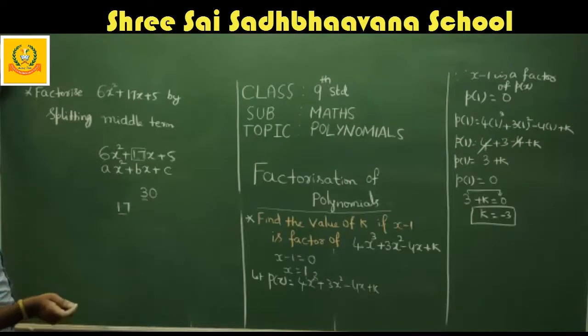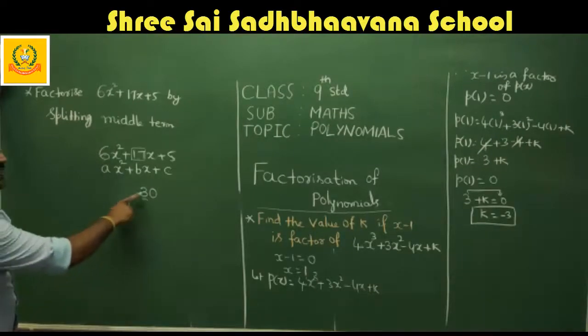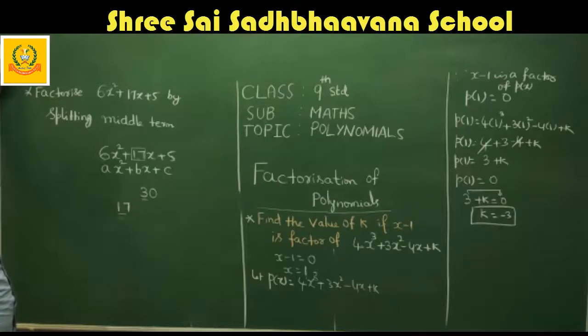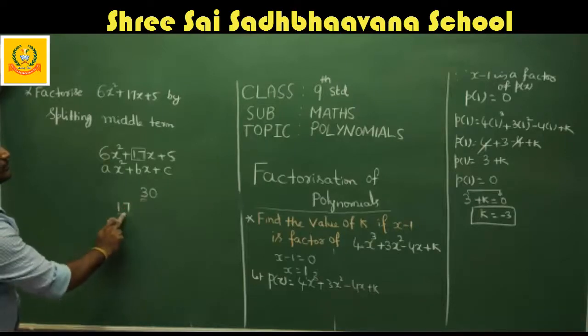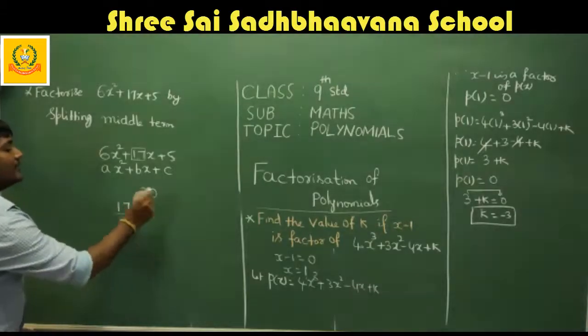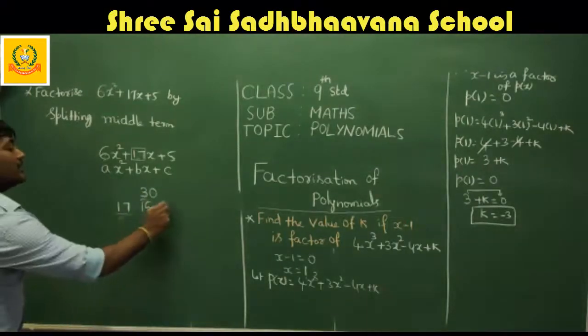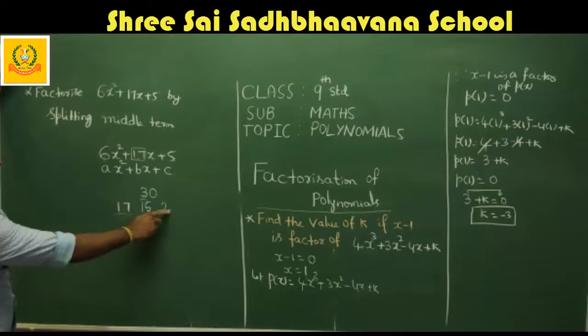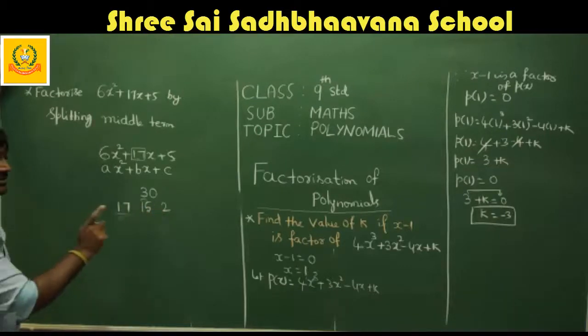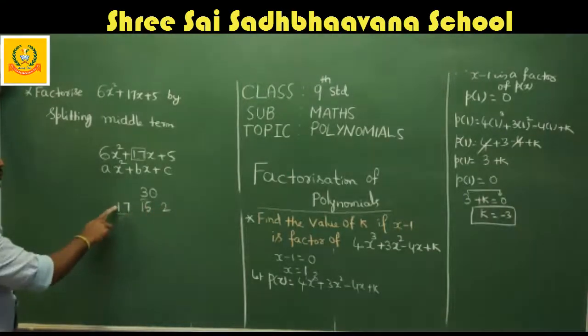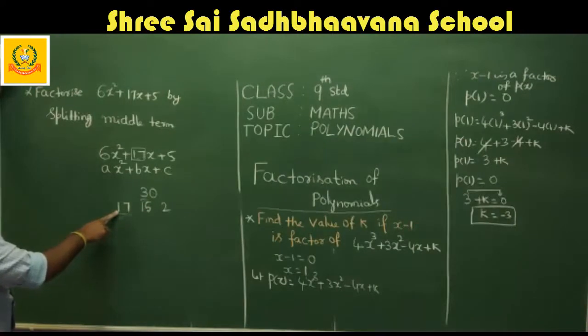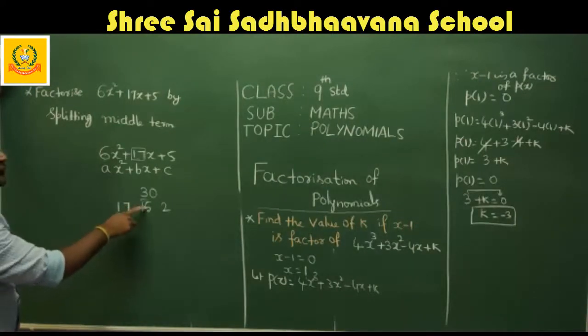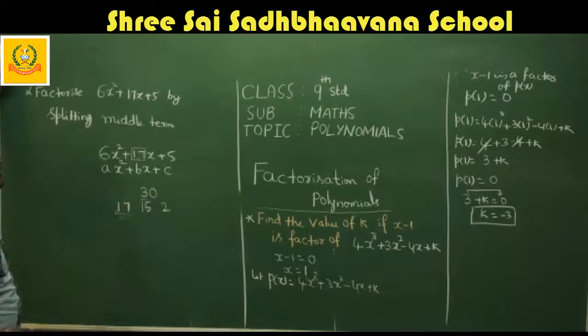The two numbers should satisfy these two conditions. Here I assume one number as 15 and the other number as 2. 15 plus 2, you get 17, and 15 into 2, you get 30.